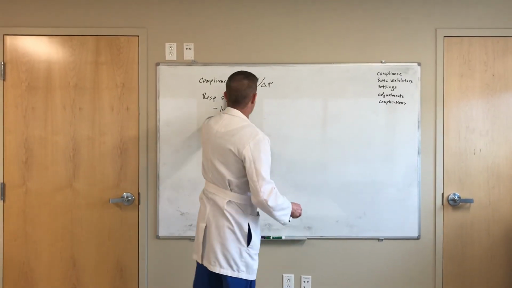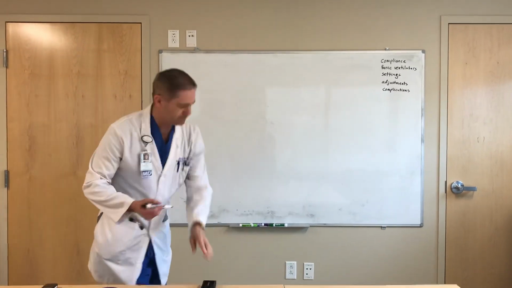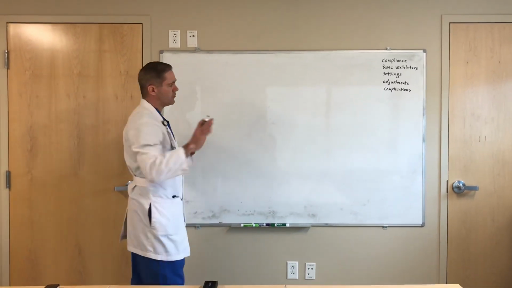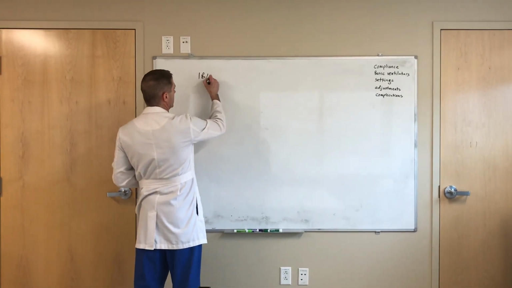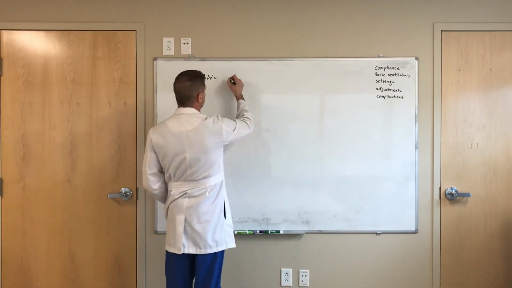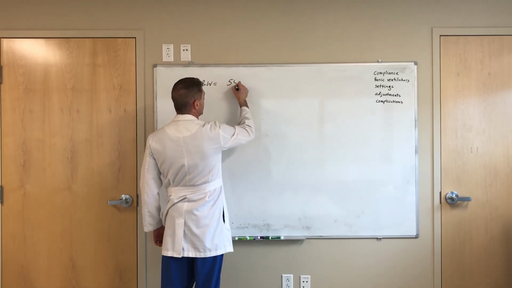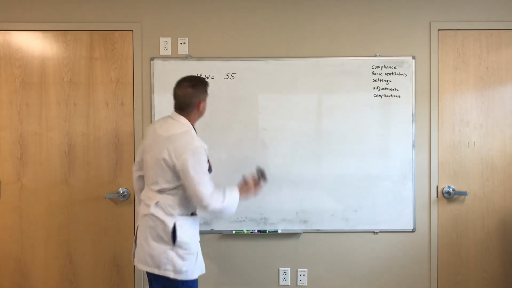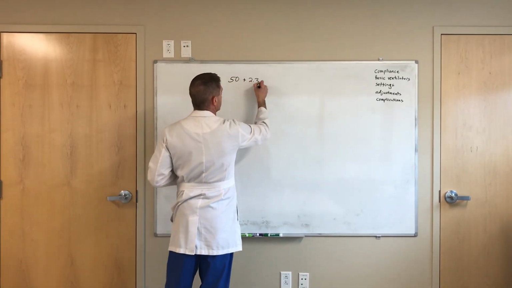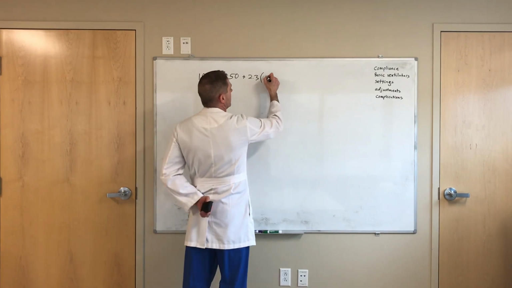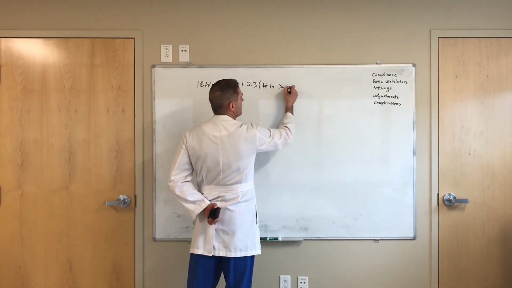So let's talk about how we decide ventilator settings, on an adult or a child. Basically, we go by ideal body weight. Ideal body weight for a male is going to be 50 plus 2.3 times the number of inches greater than 5 feet.